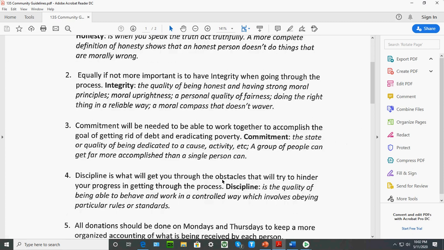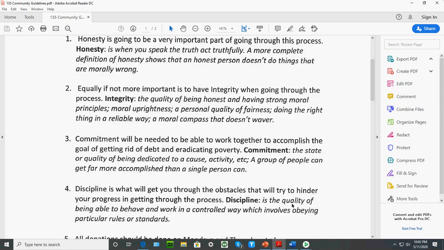Discipline. Can you discipline yourself to stick with the process, to do what's necessary to get through the process, to get to the point where you have 3 people donating $1,000 to you every Tuesday? Do you have that discipline? Because let's keep it real. Yes, the process says it can be done in 6 weeks, and it can. But what if it doesn't?